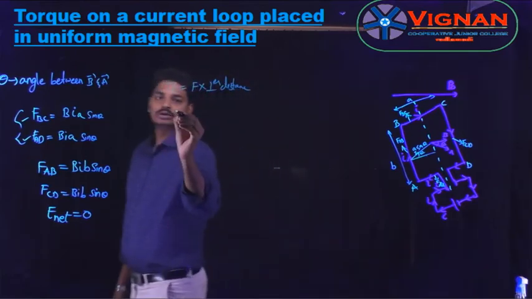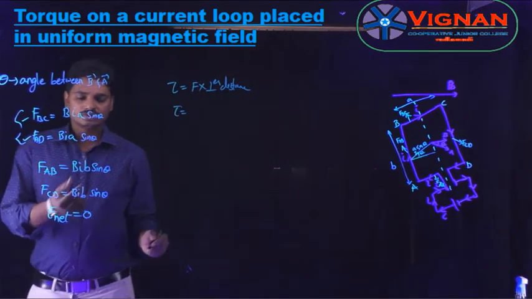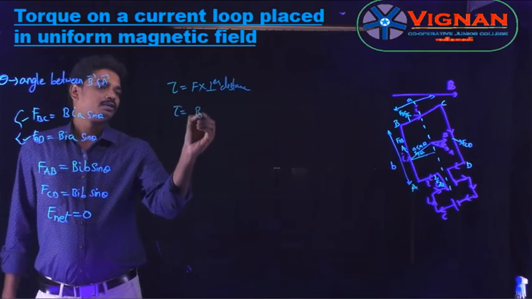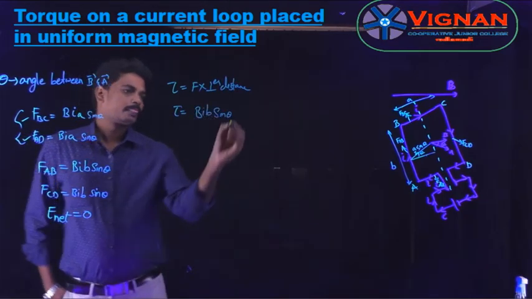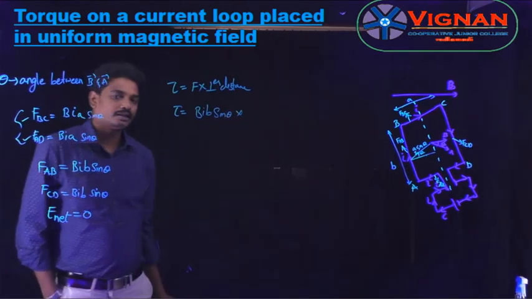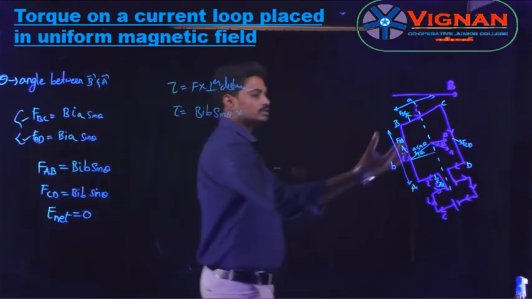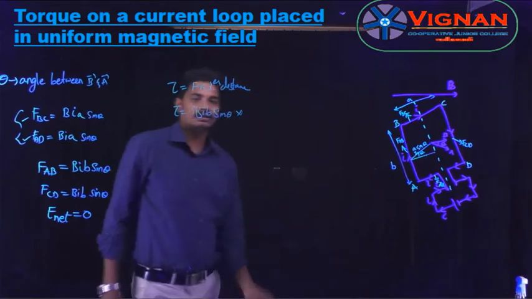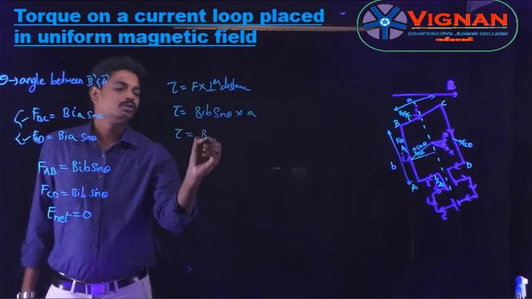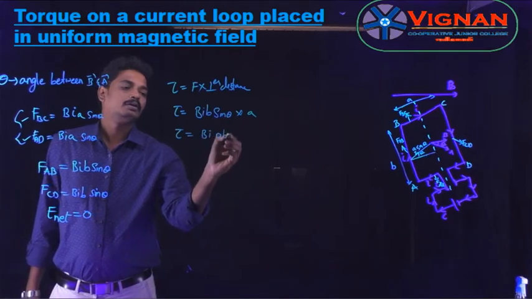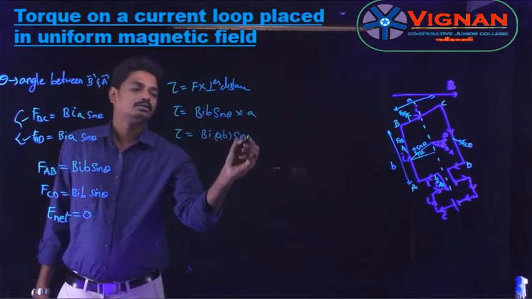So torque tau is equal to the force, BIB sin theta, into the perpendicular distance between the two forces, which is nothing but the length of the rectangular loop A. So torque tau is equal to BI into AB into sin theta.